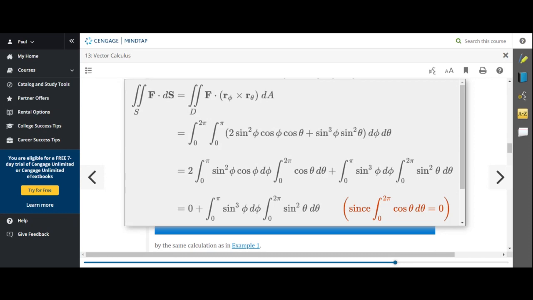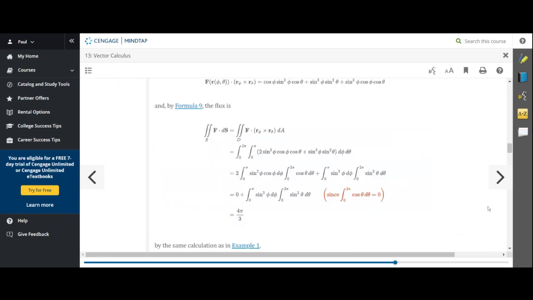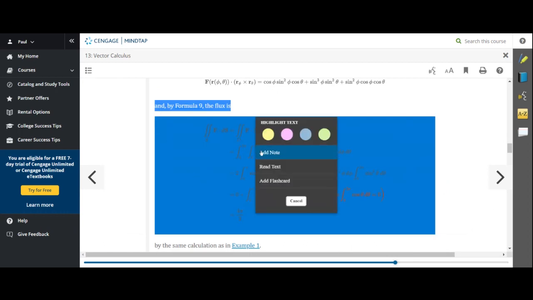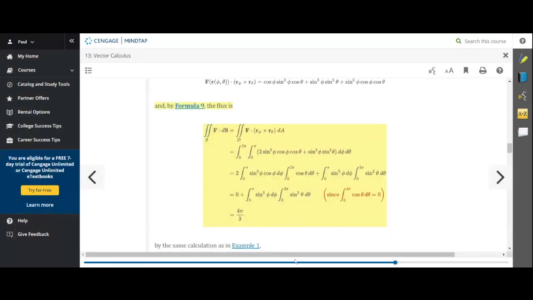That being said, I'll show you the entire portion. Obviously, they left out steps here. They're just trying to save time.